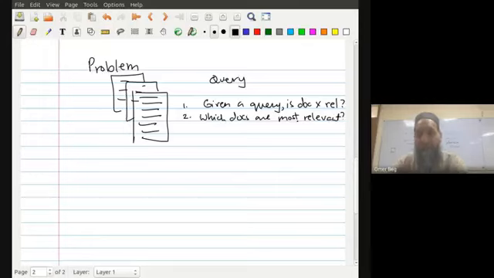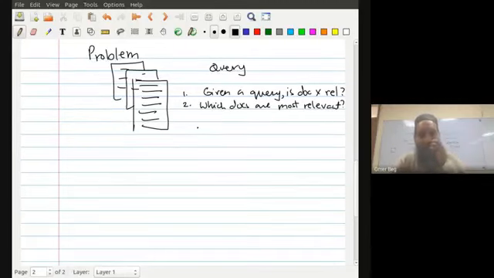So that's ranking. How would you rank? This is one of the most important things that Google solved from the very beginning: how can you rank different web pages in order of relevance?